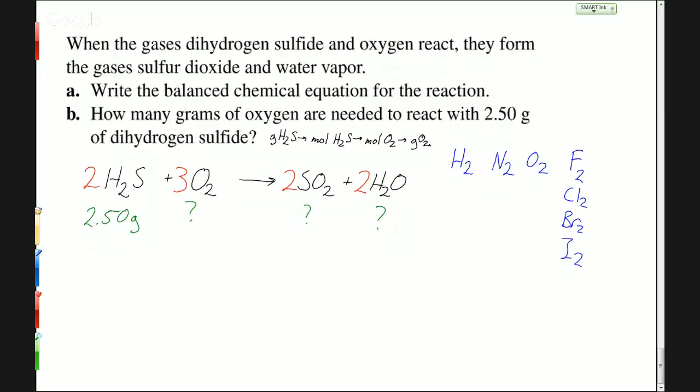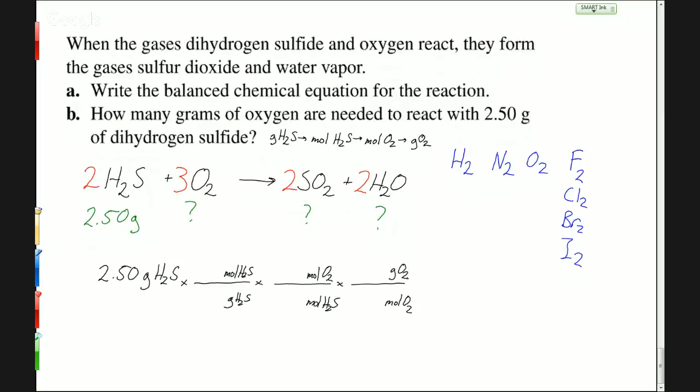All right, let's set that up. So grams to moles of H2S, moles of H2S to moles of whatever else we're looking for, in this case O2, and then moles of O2 to grams of O2.